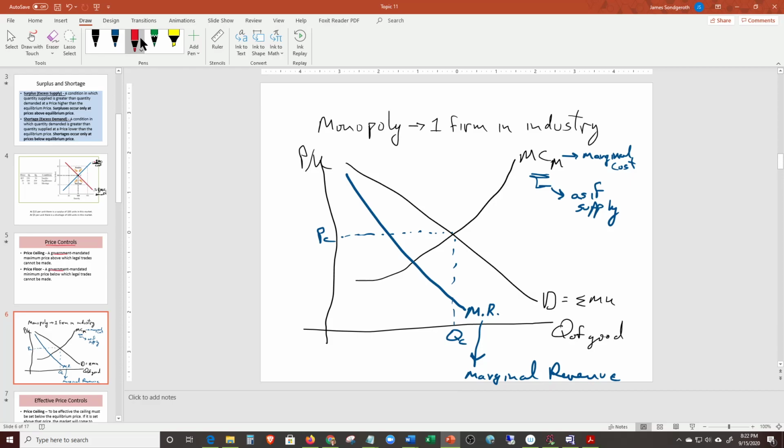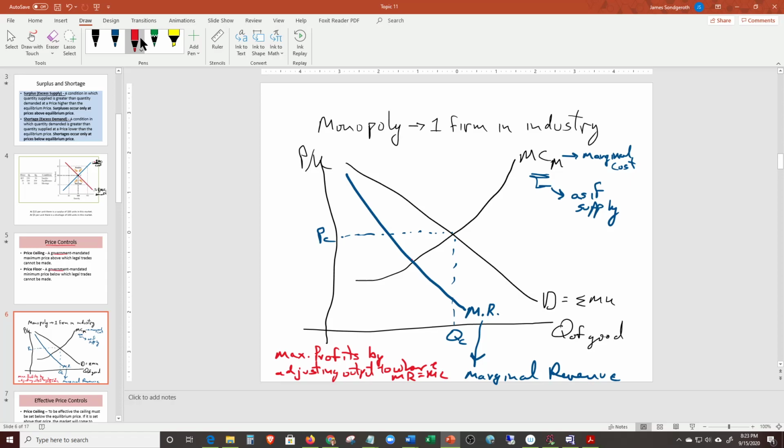Business firms maximize profits by adjusting output to where marginal revenue equals marginal cost.